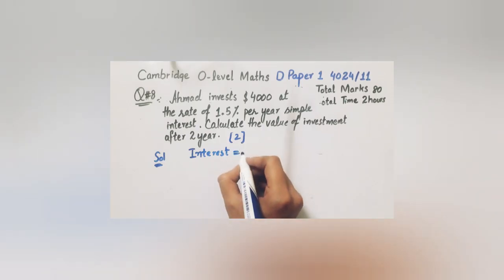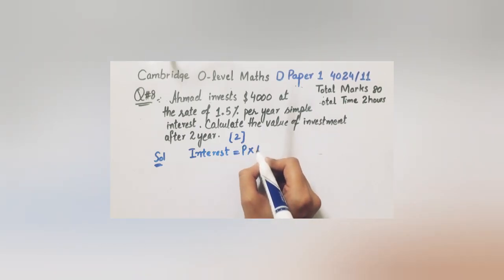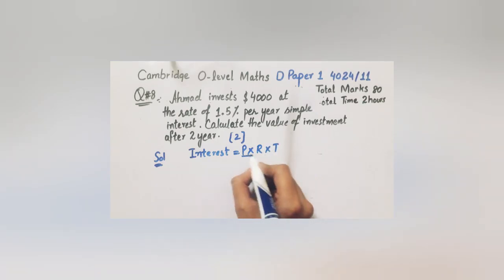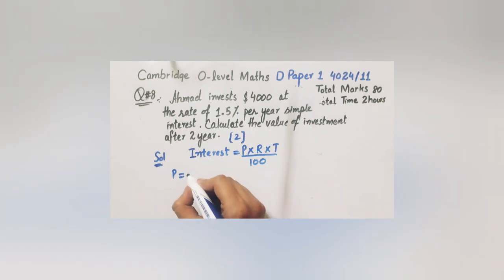That is equal to P multiply R multiply T divided by 100. So here P is the principal amount, that is 4,000.